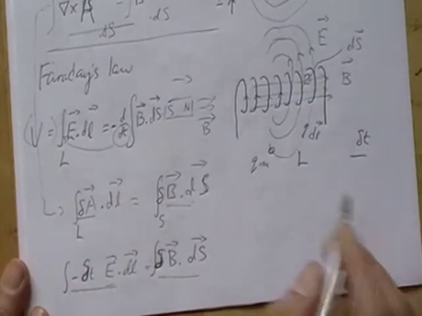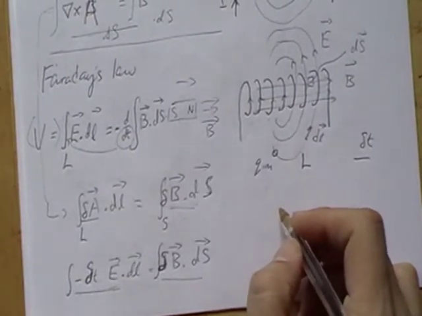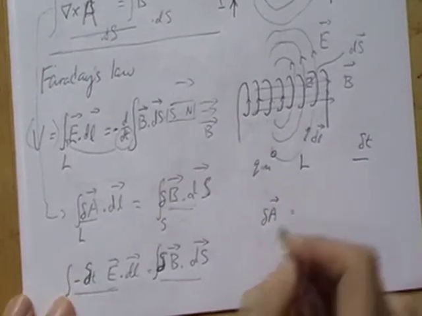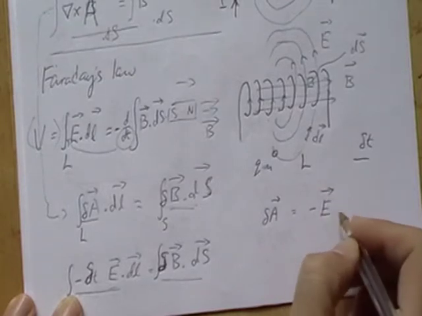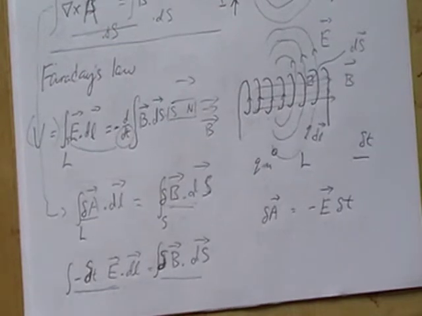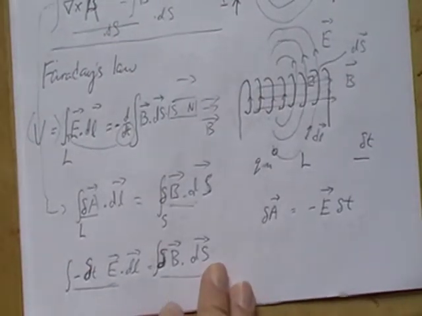So let me write that down. Delta A is equal to minus E times delta t. So that comes from here. Okay, we're nearly done.